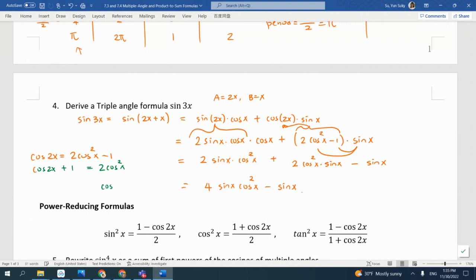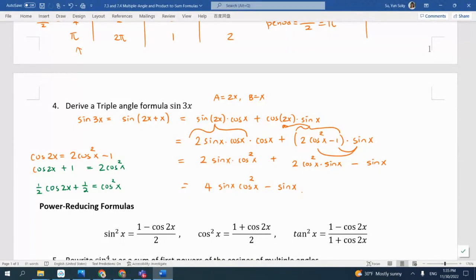We get cosine squared is 1/2 cosine 2x plus 1/2. So look at the double angle formula, and we solve for cosine squared. We get cosine squared is 1/2 cosine 2x plus 1/2, which is the same thing as this.